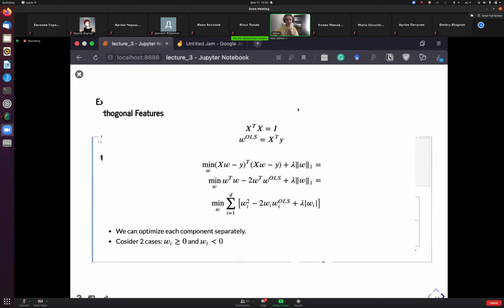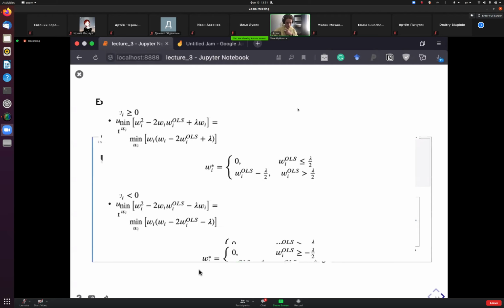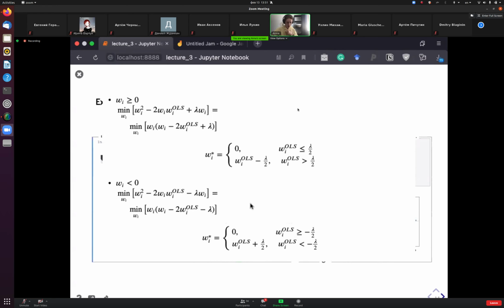So this is the same derivation. We rewrite our objective, so it only depends on each coordinate separately. And we want to consider two cases, the positive w and the negative w, to get rid of the absolute value. So for the positive one, we just did the solution.